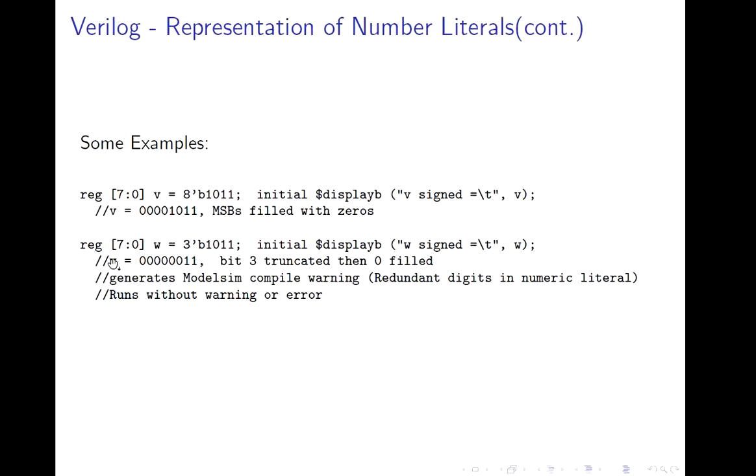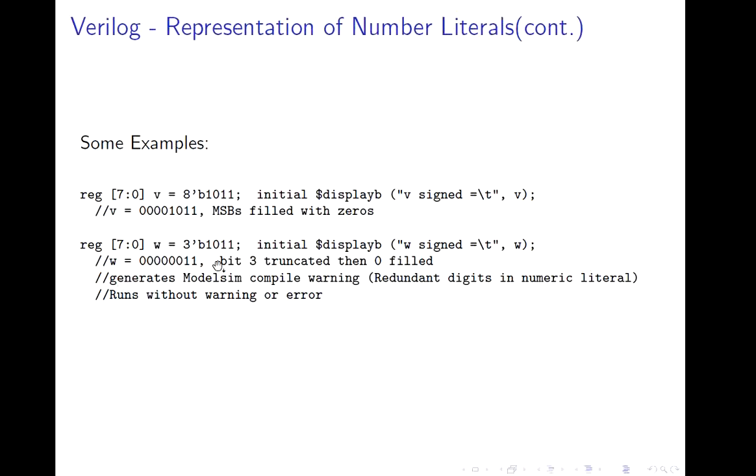Now if I consider the same case with respect to the other example, I have bits 0 to 7, and then I have written here W is equal to 3 tick B 1 0 1 1, and then I display it. Now what will happen here?